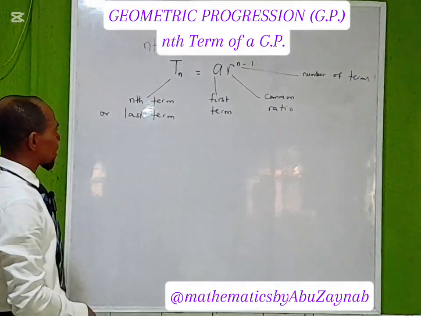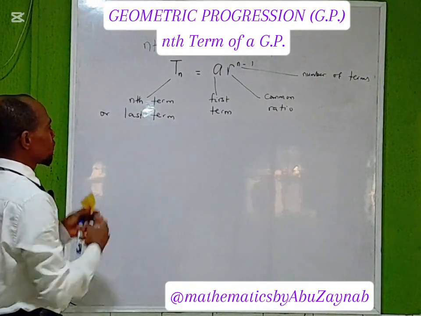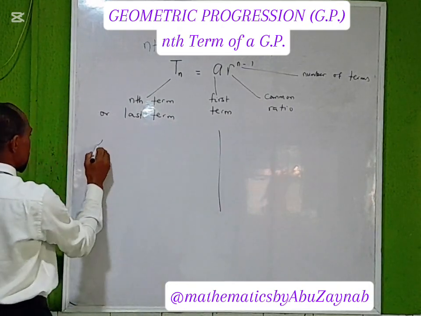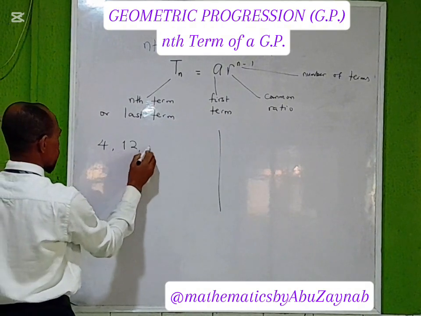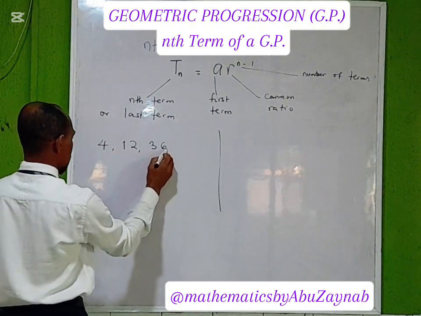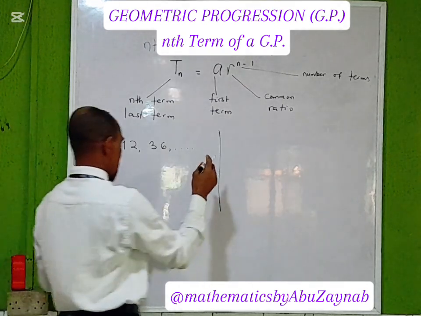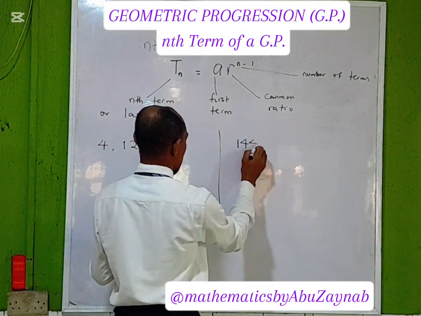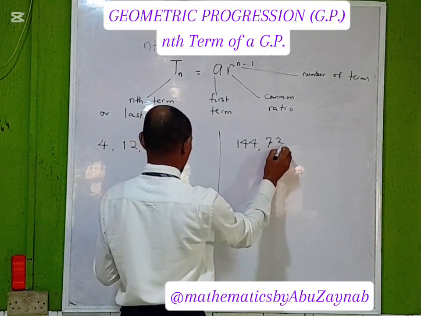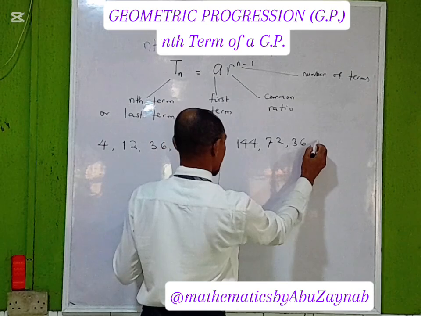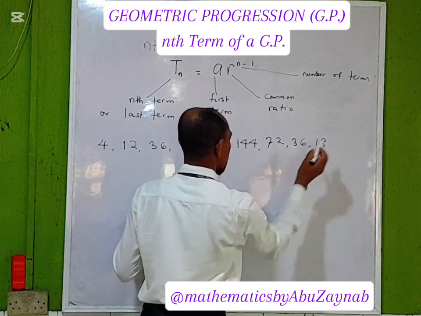So let's have a classic illustration of what each of these represents. Let's say we have 4, 12, 36, and so on like that. And here we have 144, 72, 36, and let's say 18.